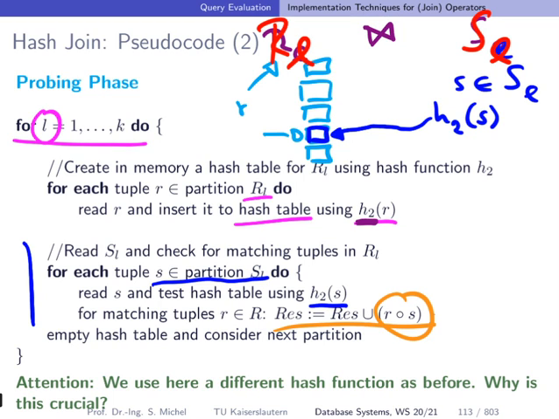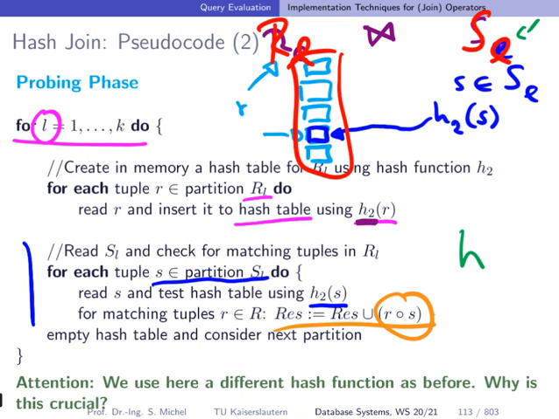The tuples inside RL have been put there according to H, the hash function from the previous slide. And the same hash function, H, has been used to put the tuples of relation S into SL. That means that all the tuples in RL and all the tuples of SL have the same H value.